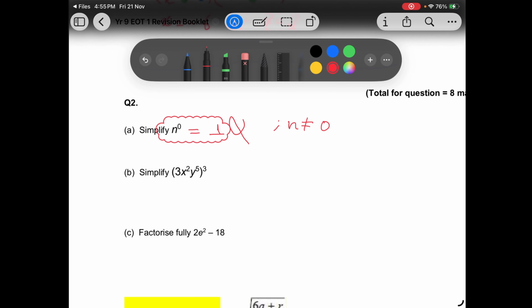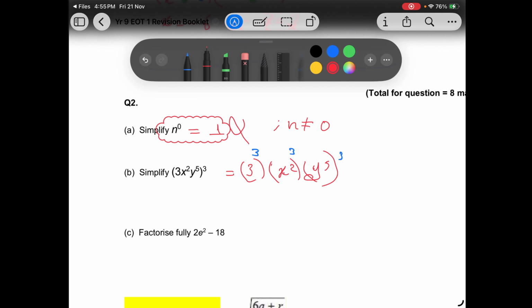So next, simplify. You know, guys, that this power 3 applies to all the terms I have here. I have 3, I have x squared, and I have y to the power of 5, and the power is 3 for all of them.